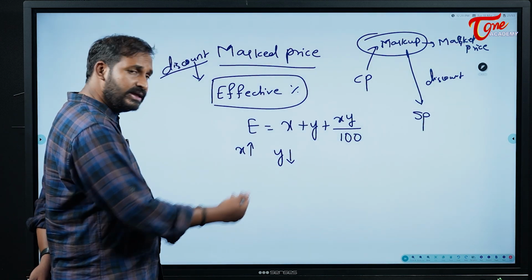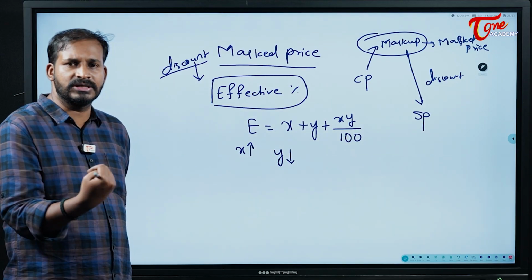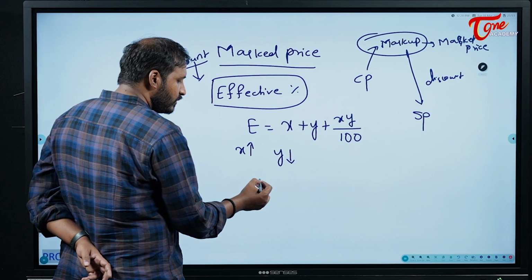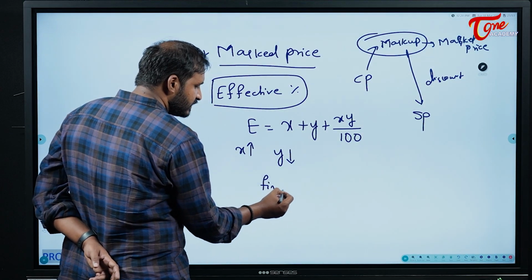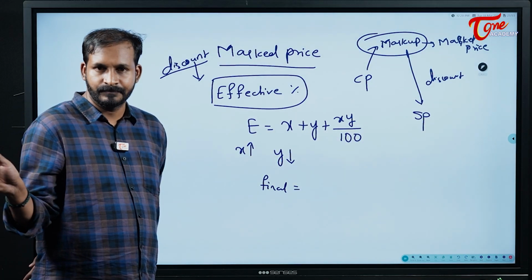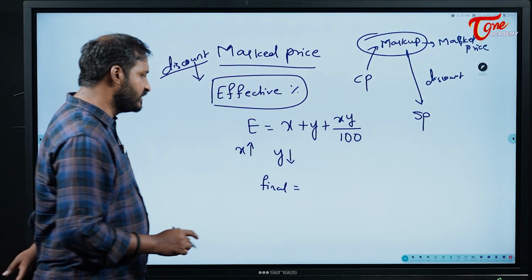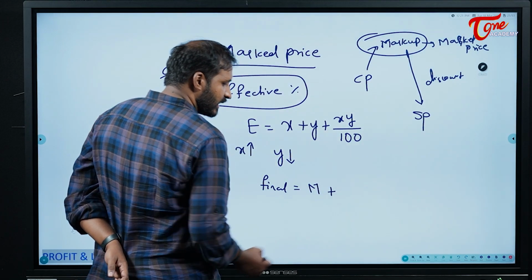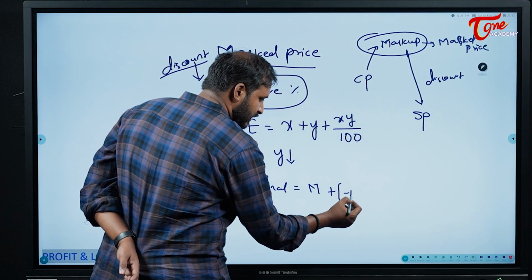In profit and loss terminology, the final profit or loss we don't know. If we get a positive value, that is profit; if we get a negative value, that is loss. Final value is equal to, initially he will mark up the price and then give a discount.